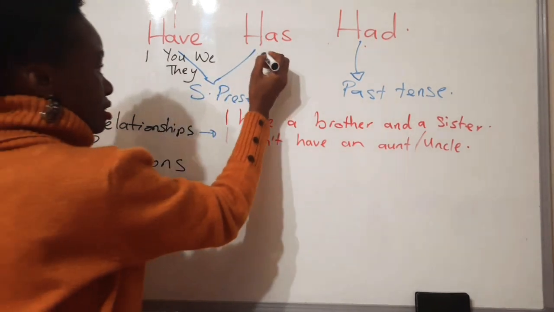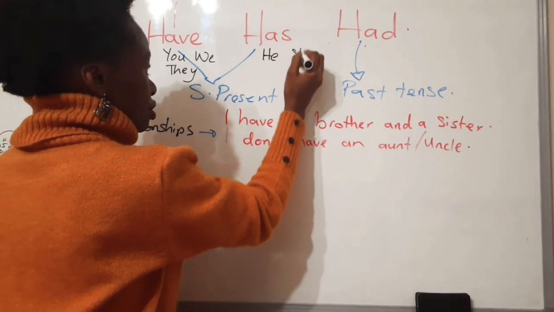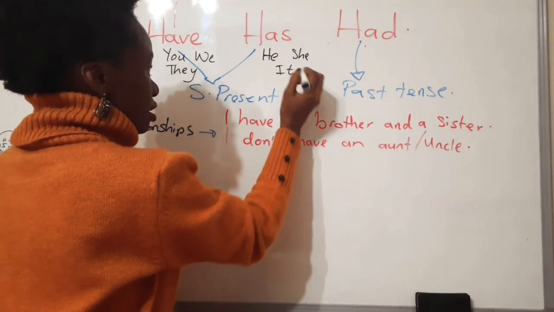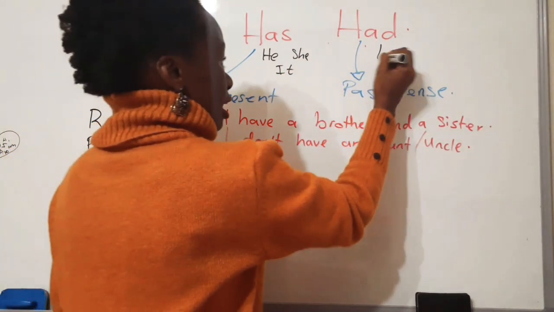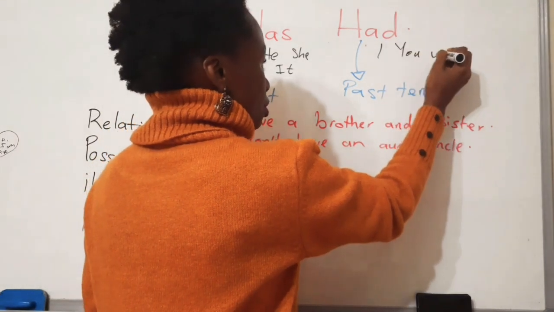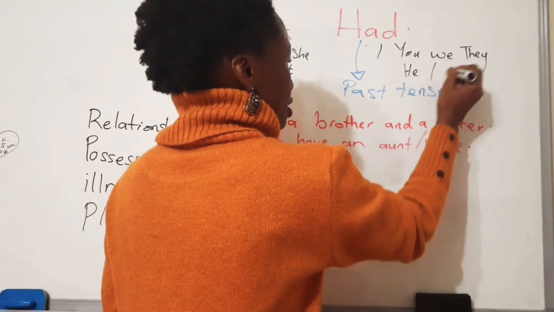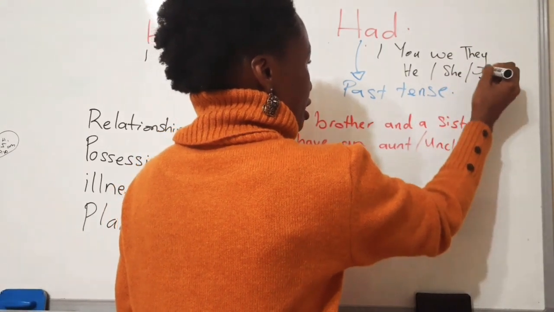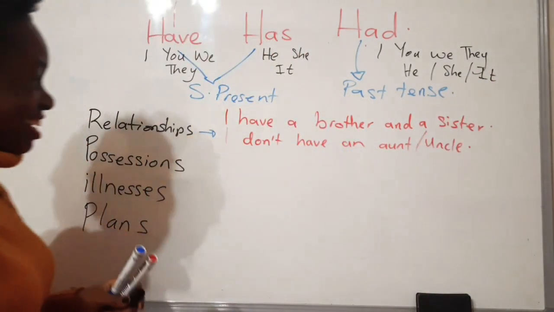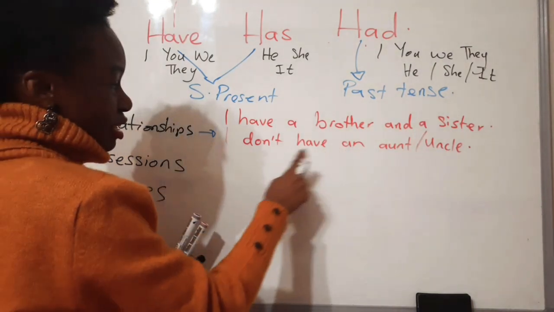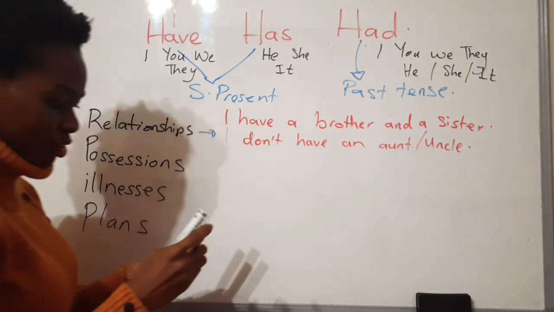And has, he, she, it. Had, I, you, we, they, he, she, it. Okay? So here, for example, I don't have an aunt or uncle.